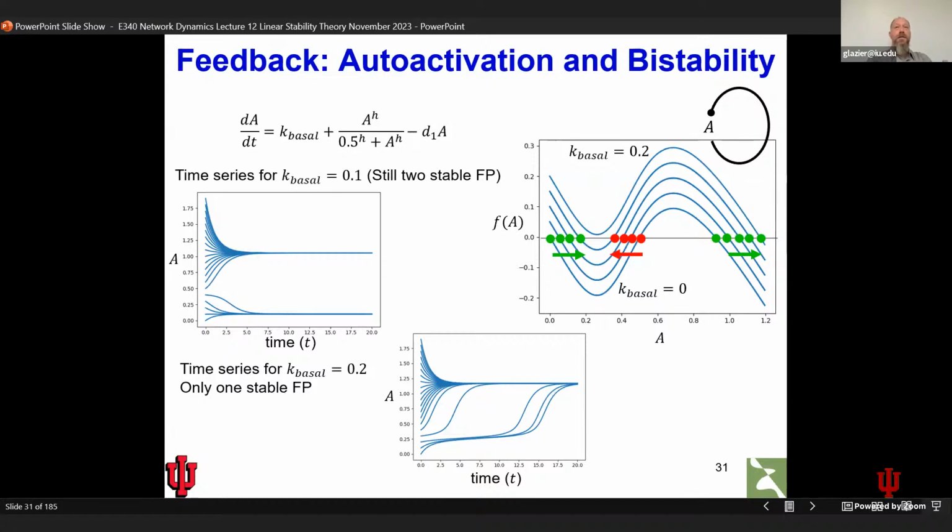So Elmer asks, if you had f of A as an iterated map, where A sub n plus 1 equals f of A sub n, instead of dA by dt equals f of A, would the bifurcations and the stability be the same? And the answer is no, they're not. They're related, and you can derive them, but they're not quite the same.